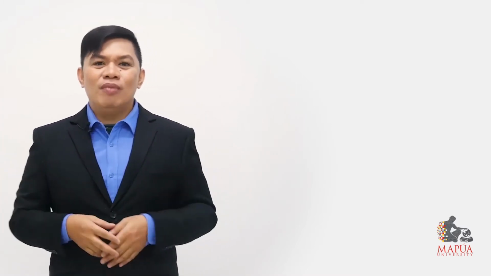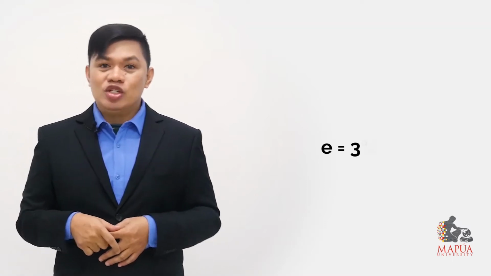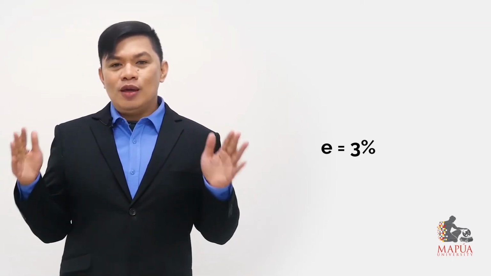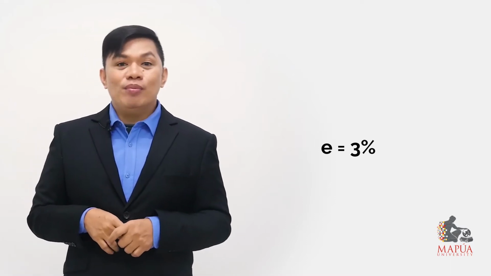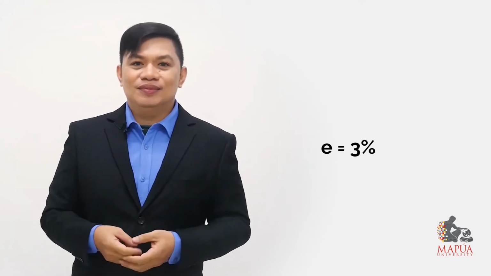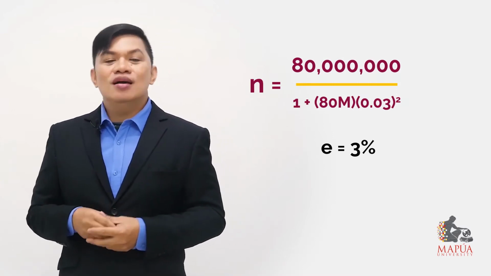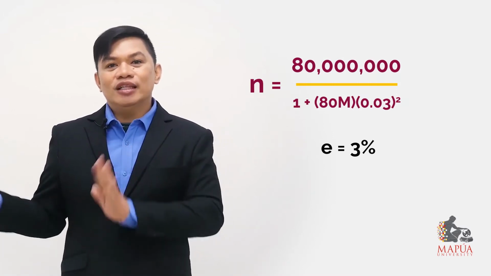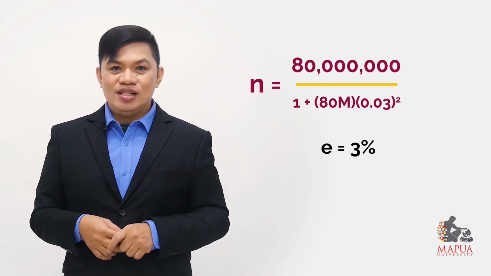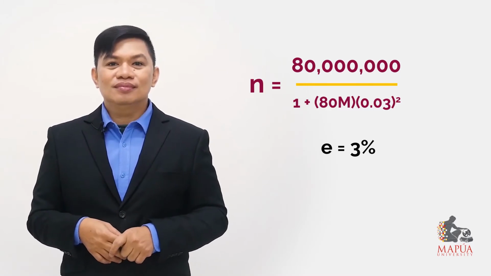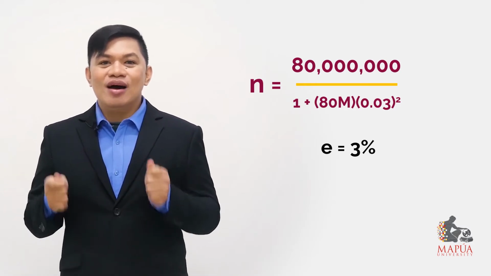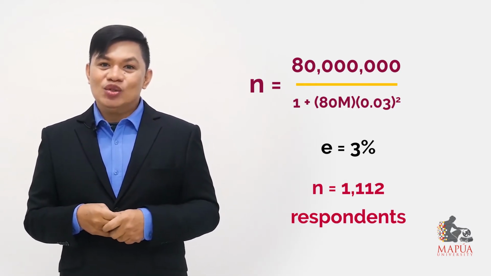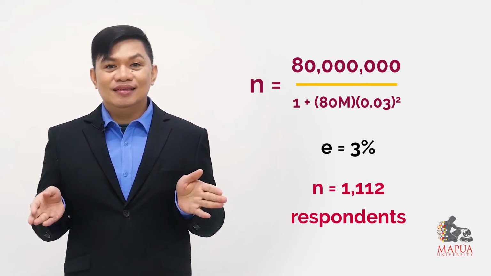Let's try another margin of error. Suppose it's 3%. If we assign a 3% margin of error, okay, compute it again. 80 million over 1 plus 80 million multiplied by 0.03 squared. What do you get? Okay, so that's around 1,112 respondents.